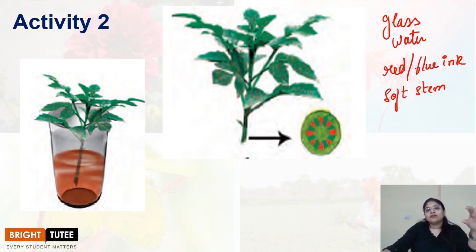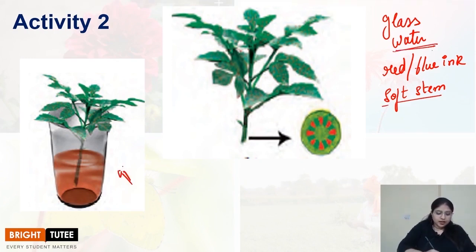Why are we taking a soft stem? So that it's easy for us to cut it and it's easy for us to observe the changes, right? So what you are going to do is you are going to take a soft stem. Now add a few drops of red or blue ink into the water, and in this way just take the stem and cut it and put the stem in the red or blue colored water and leave it overnight.